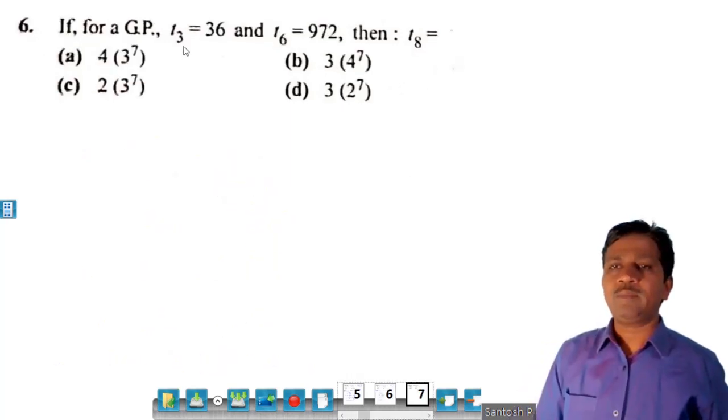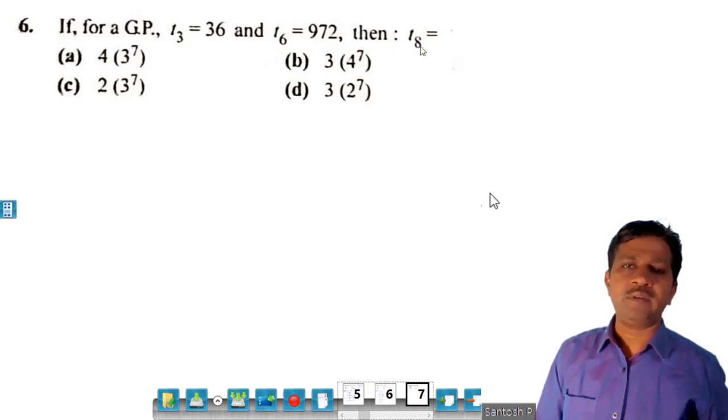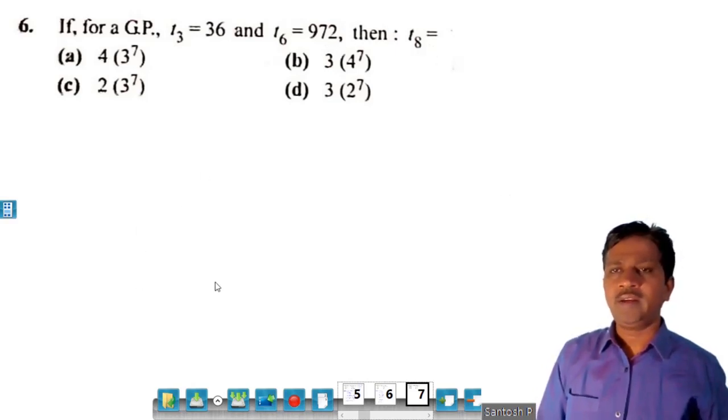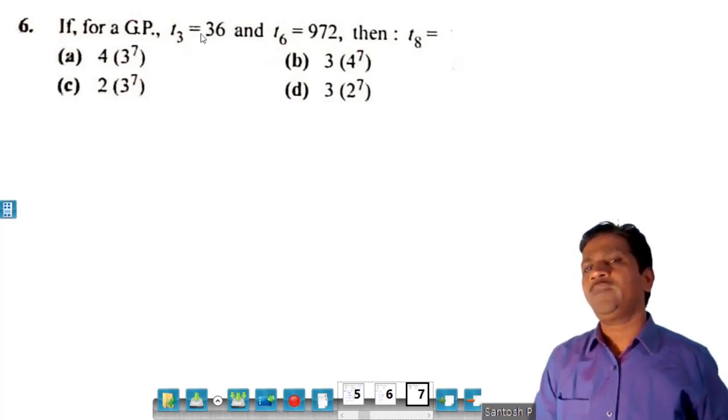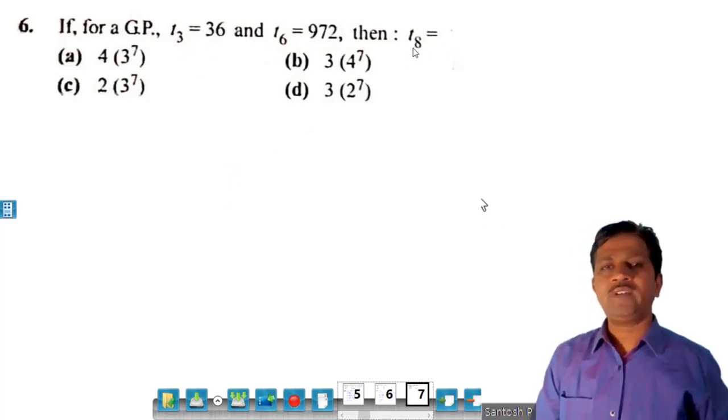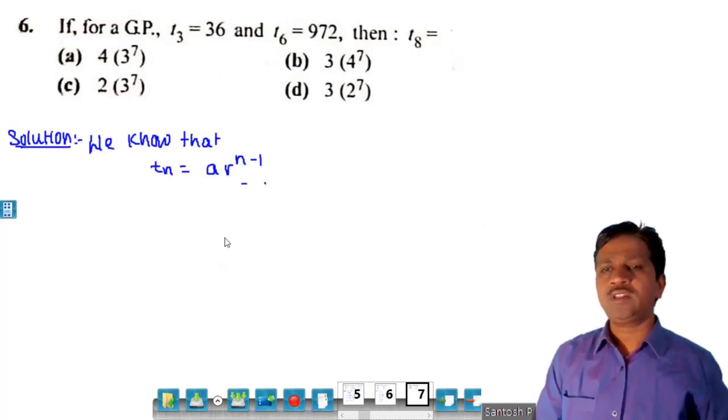The sixth example: the third term is given, T3 equals 36, T6 is given as 972, and we have to find T8, and for that we need the values of A and R. Using the given two values, we will first find A and R, then we can find T8. The formula for the nth term is known to us, Tn equals A into R raised to n minus 1.